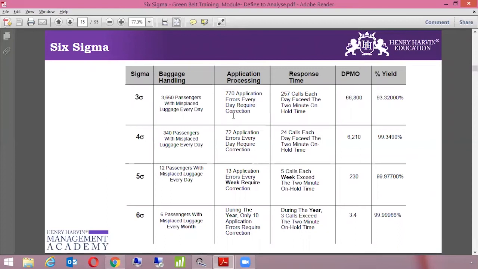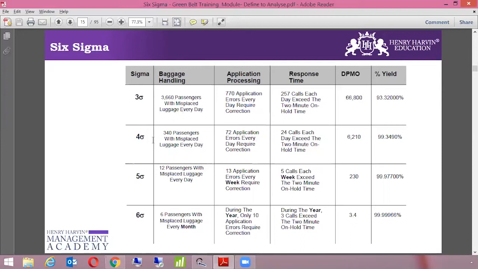Now let's understand Six Sigma in terms of different industries and different processes. What is the application? What is the sigma level which is expected? You can see here we have 3 Sigma, 4 Sigma, 5 Sigma, and 6 Sigma. In 3 Sigma, in the case of baggage handling, there are 3,660 passengers with misplaced luggage every day.